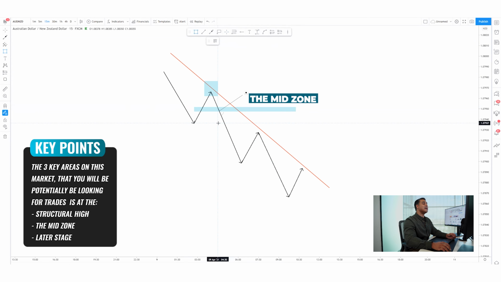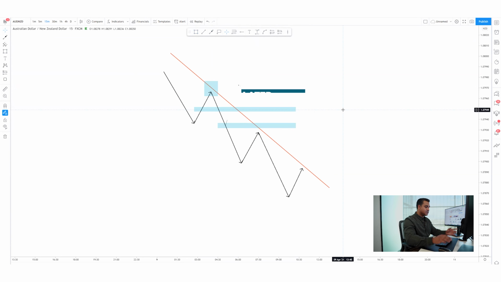And then third, at a later stage, when the market is already moving and you may not have got the best entry, or you may have missed the mid-stage move and now you're entering at a later stage. These are the only 3 areas you'll be looking for trades. Only 3.